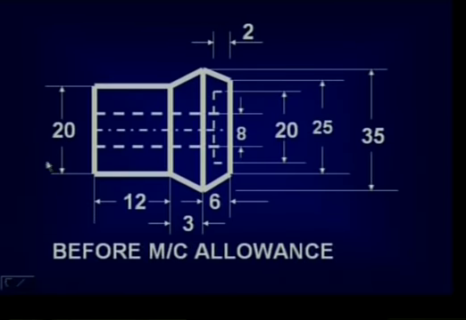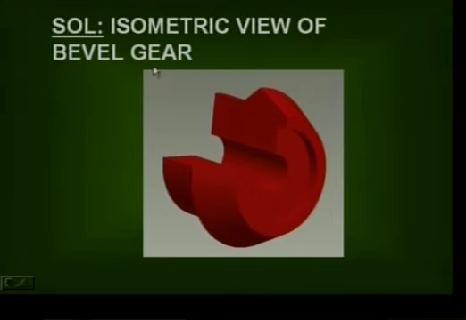The gear blank before machining allowance with dimensions is shown in this figure. Now, the problem can be solved by having a clear idea of the isometric view of the given gear blank. The sectional isometric view of the bevel gear blank is shown here.